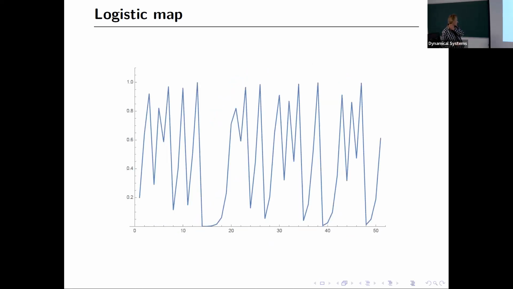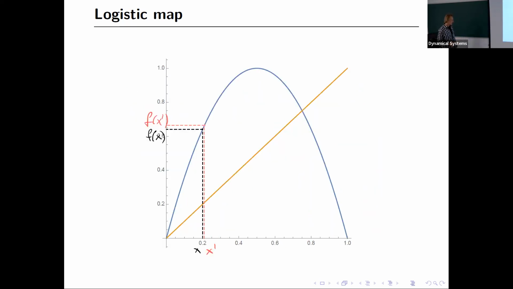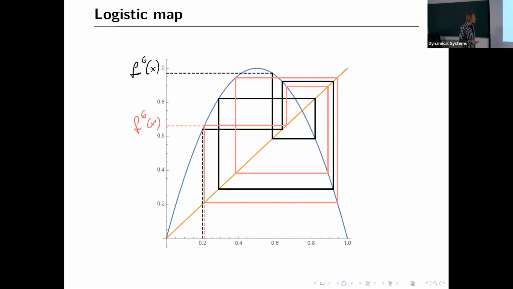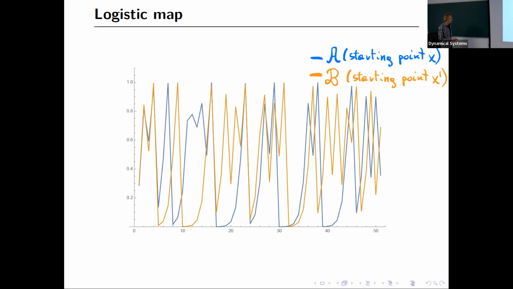As a result, we get a time series, and the feature of the logistic map that interested us is that it's very sensitive to initial conditions.